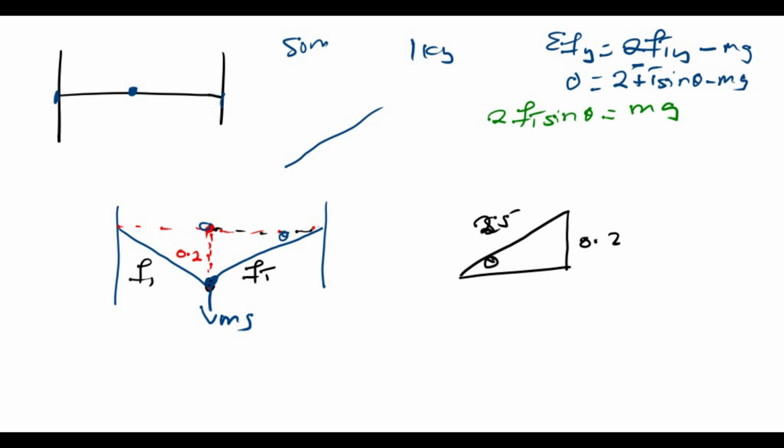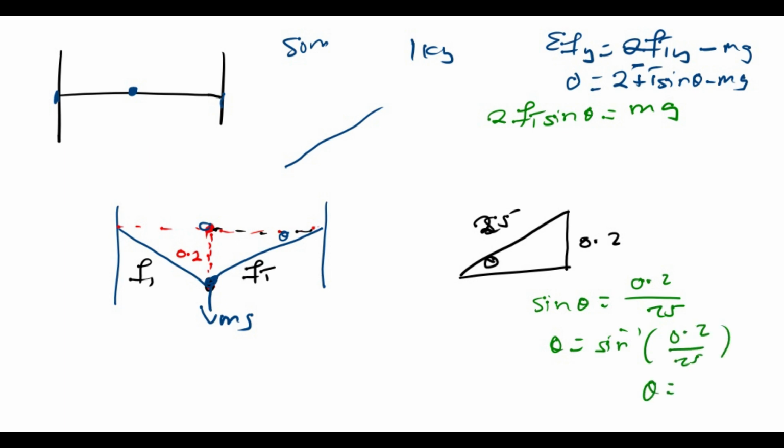But I don't know the theta. Now I have got the hypotenuse here and 0.2 here, so I can find the theta using sine. I can say sine theta, the opposite is 0.2, the hypotenuse is 25. To find the theta, divide both sides by sine, so it will be sine inverse of 0.2 divided by 25.